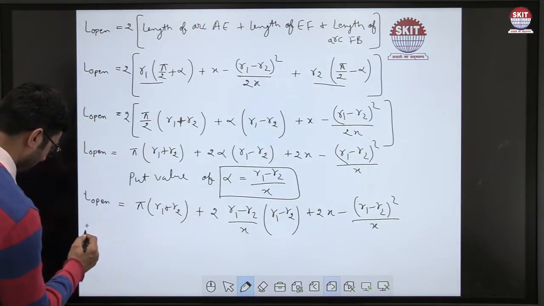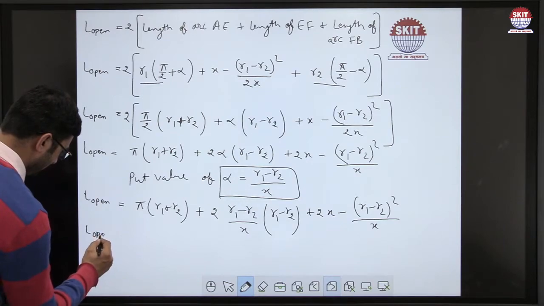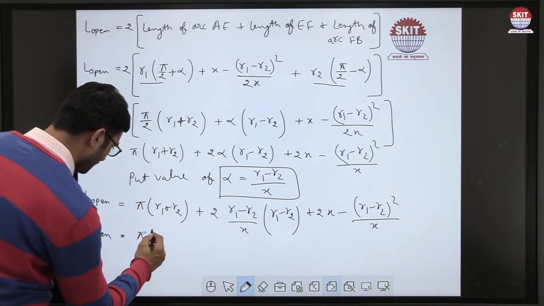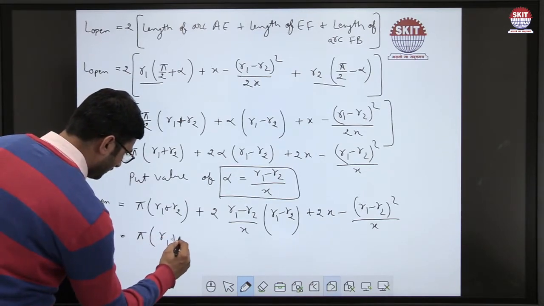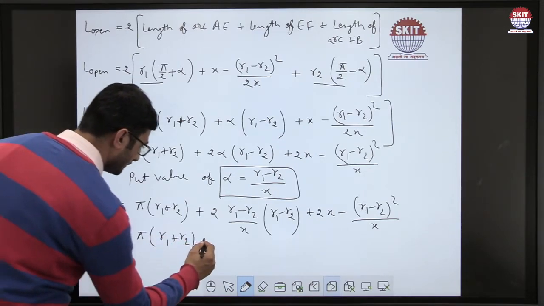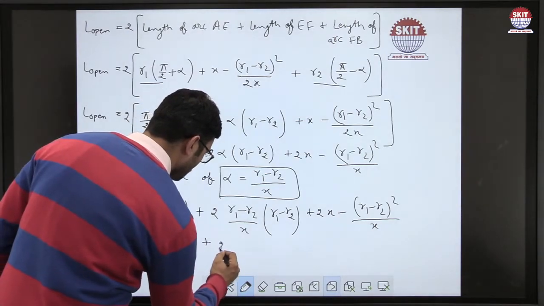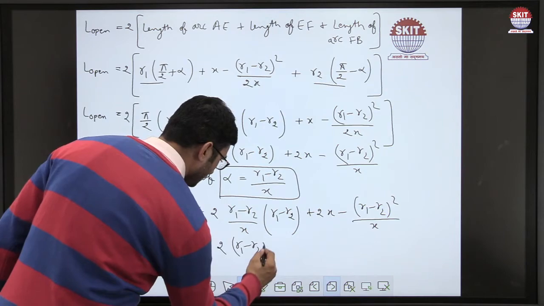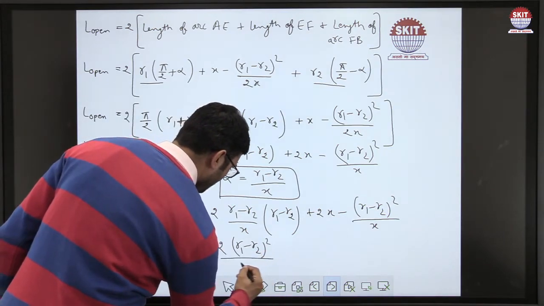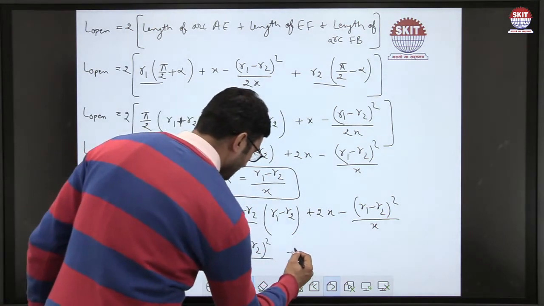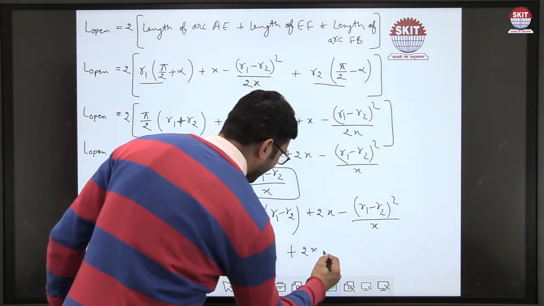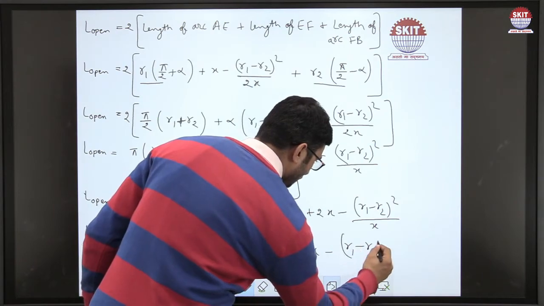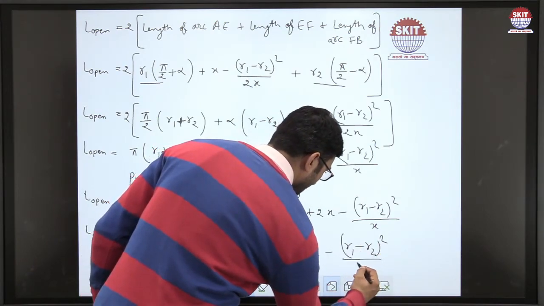Then we further simplify this equation, and we find out pi R1 plus R2 plus 2 R1 minus R2 whole square upon x plus 2x minus R1 minus R2 whole square upon x.